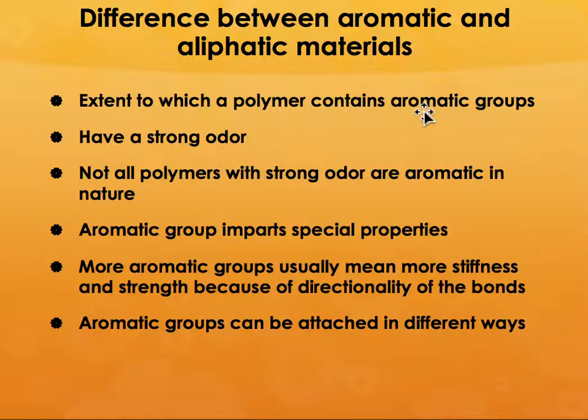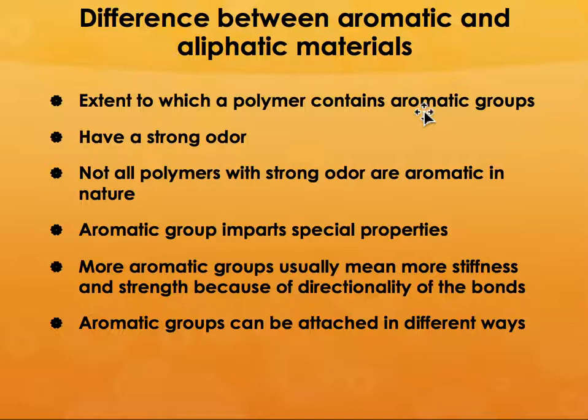And so, aliphatic composite materials usually have a lower processing temperature and a lower temperature capability, whereas aromatic ingredients have higher usable temperatures, and they also need higher processing temperatures.